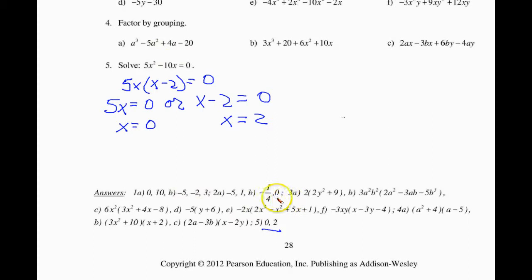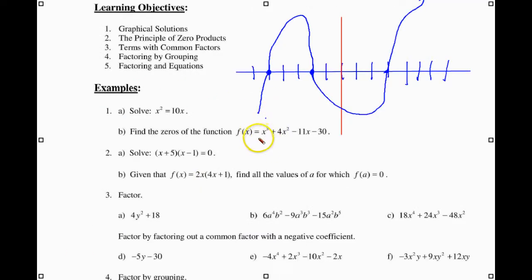We have one to go back to, which is letter B up here. And that will be sort of interesting. After looking at this particular function, you can't solve it by grouping. And the only way we could solve it is by graphing it using a graphing calculator.